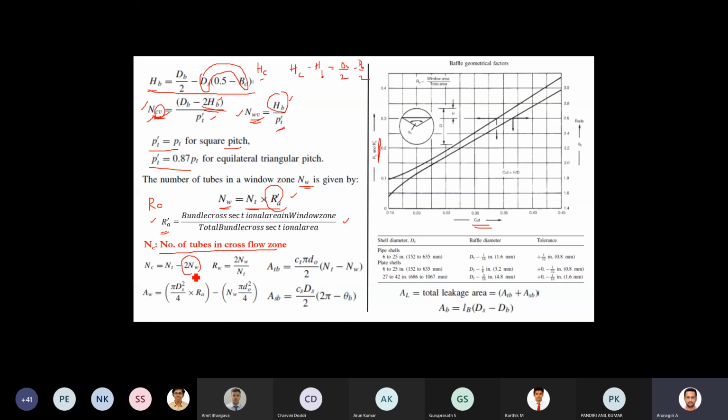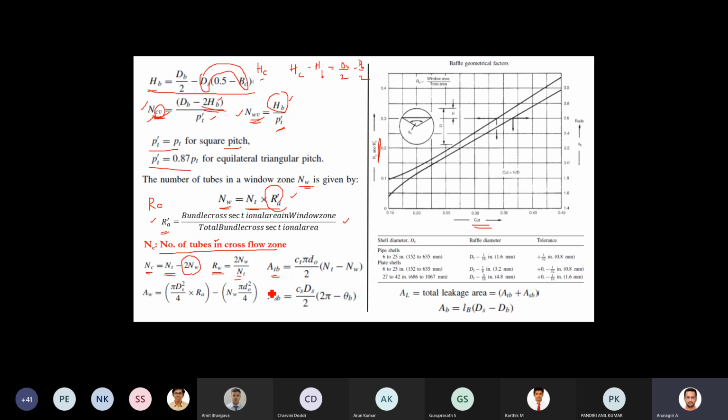In the cross flow zone, you subtract 2 times NW from the total number of tubes, and you get the number of tubes in the cross flow zone. Once you know the number of tubes, you can calculate RW. RA is based on area, whereas RW is the ratio based on the number of tubes. RW is 2 times the number of tubes in the window zone divided by the total number of tubes.